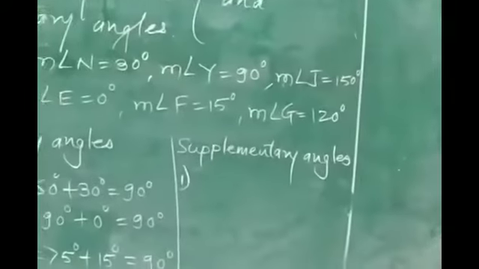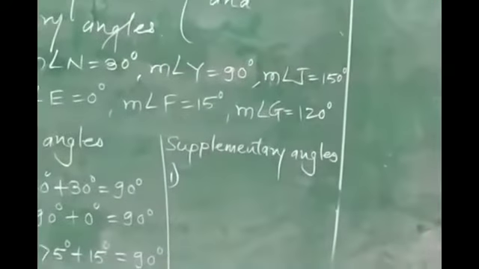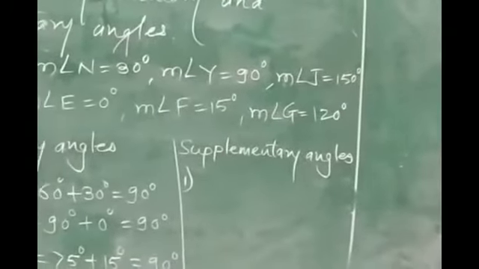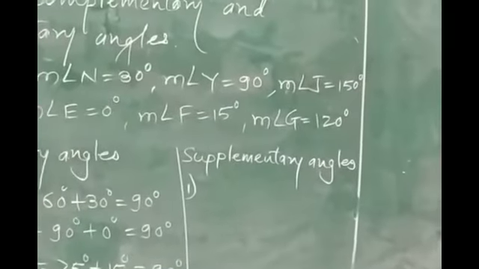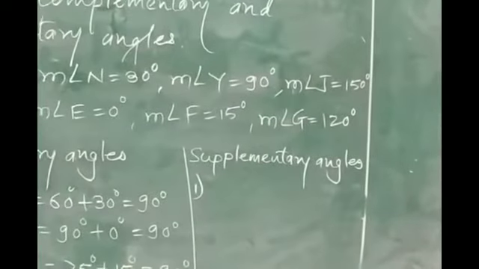And first pair, what is the supplementary angle? If the sum of measures of two angles is 180 degrees, then they are known as supplementary angles.